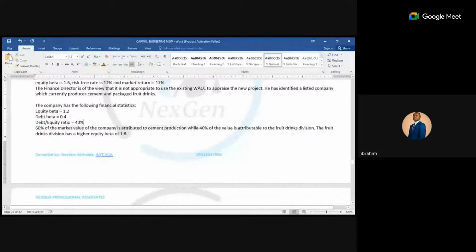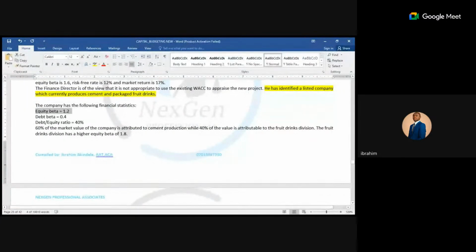Now, class, the equity beta given to you here is the combination of both cement and packaged fruit drinks.